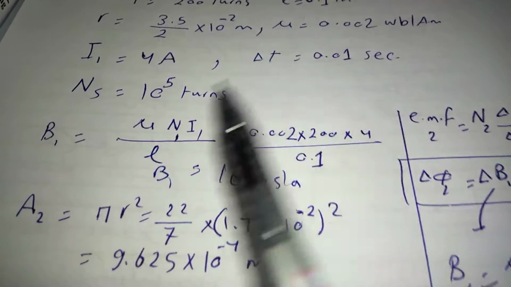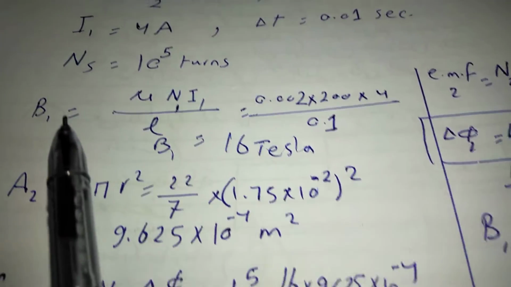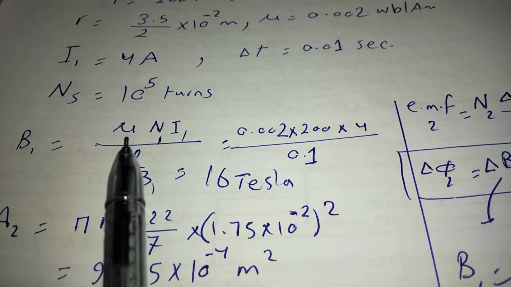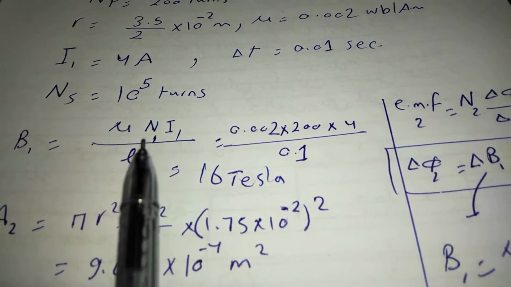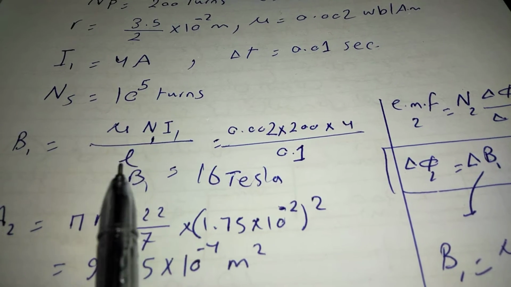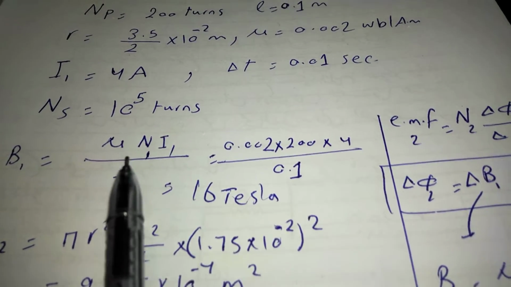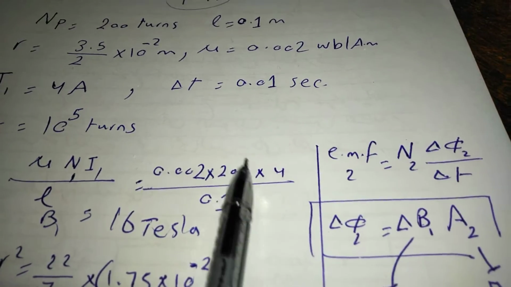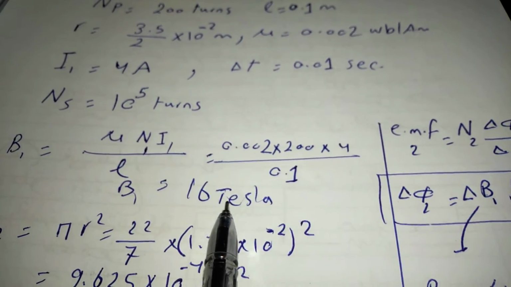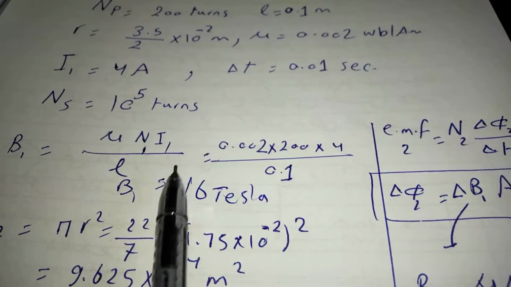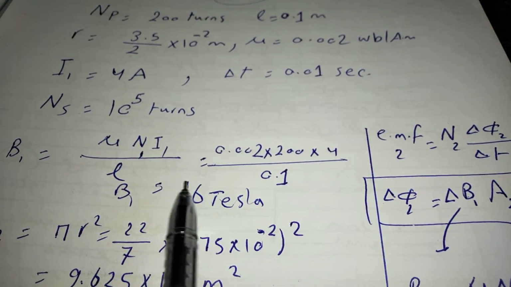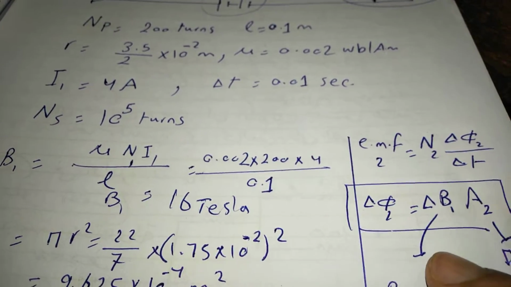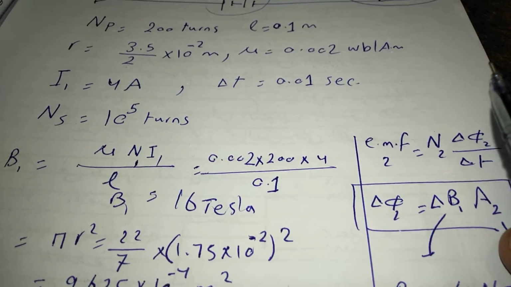The field of the primary current is given from the relation B1 equals mu N1 I1 divided by L, and here I use the number of turns of the primary coil, which is 200, to calculate the acting field, and it is equal to 16 Tesla.